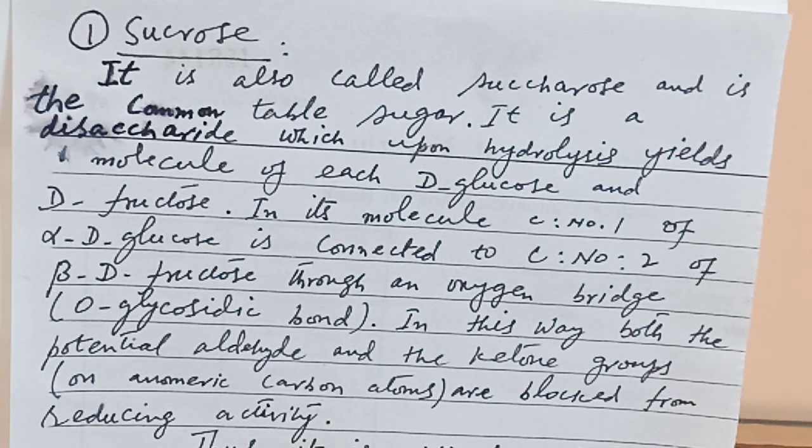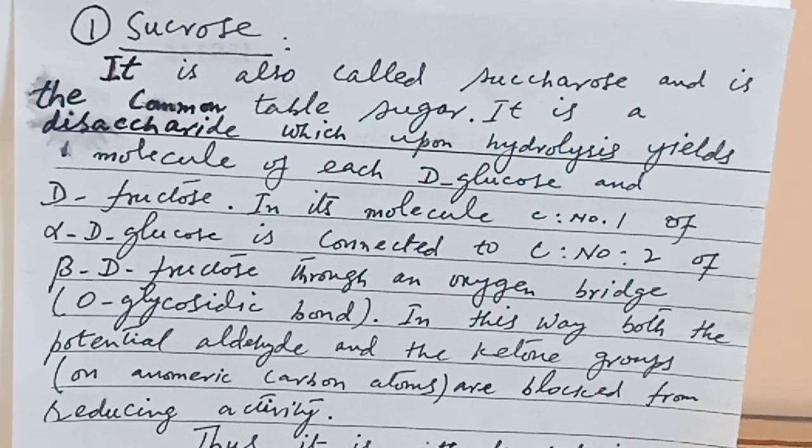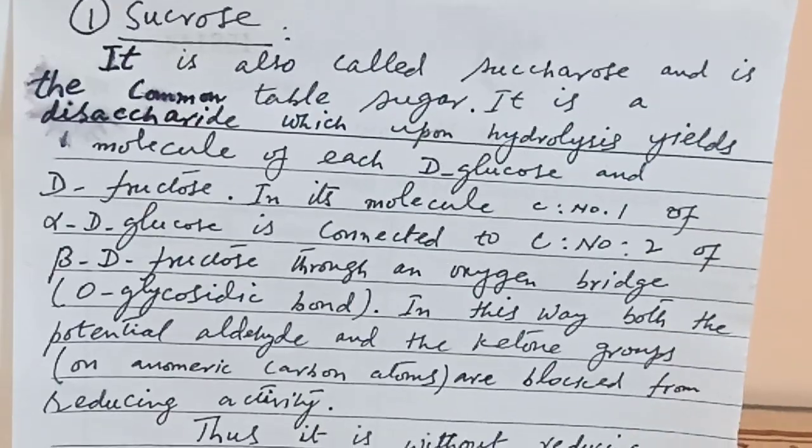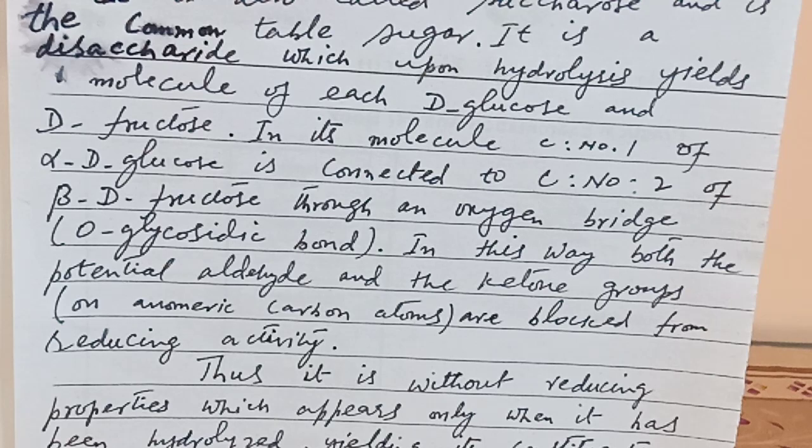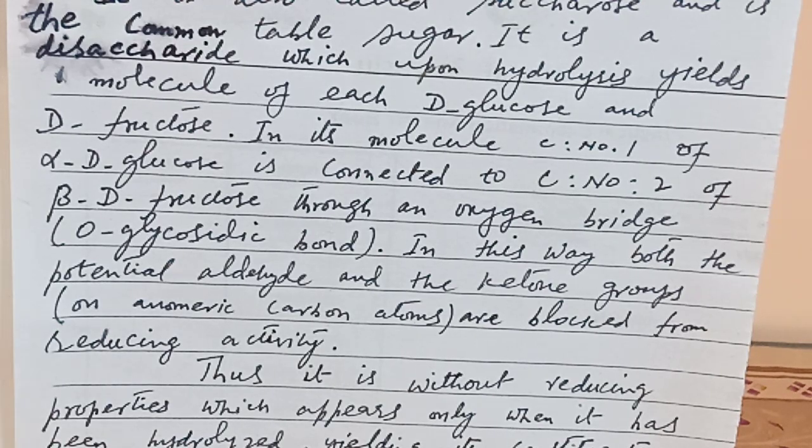In this way, both the potential aldehyde and ketone groups on anomeric carbon atoms are blocked from reducing activity. So how is the reducing activity of this sugar blocked? Because when these two sugars come close and react to each other, carbon number 1 having the free aldehyde group in glucose will react with the carbon number 2 carbonyl group of the fructose sugar.